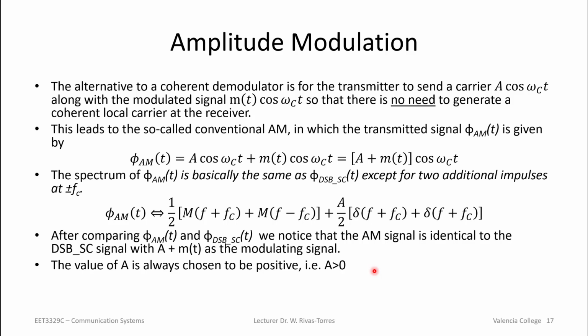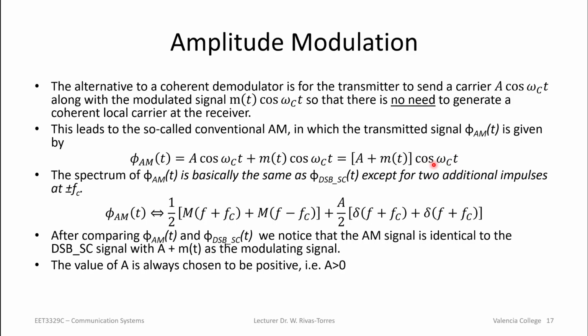So what we do is we want to have an AM signal that looks like A cosine omega_c t, the carrier by itself, plus the modulated carrier. If we could do this, cosine omega_c t is the same for both of these, so we can take it out, and you end up with something that says (A + m(t)) times cos of the carrier.